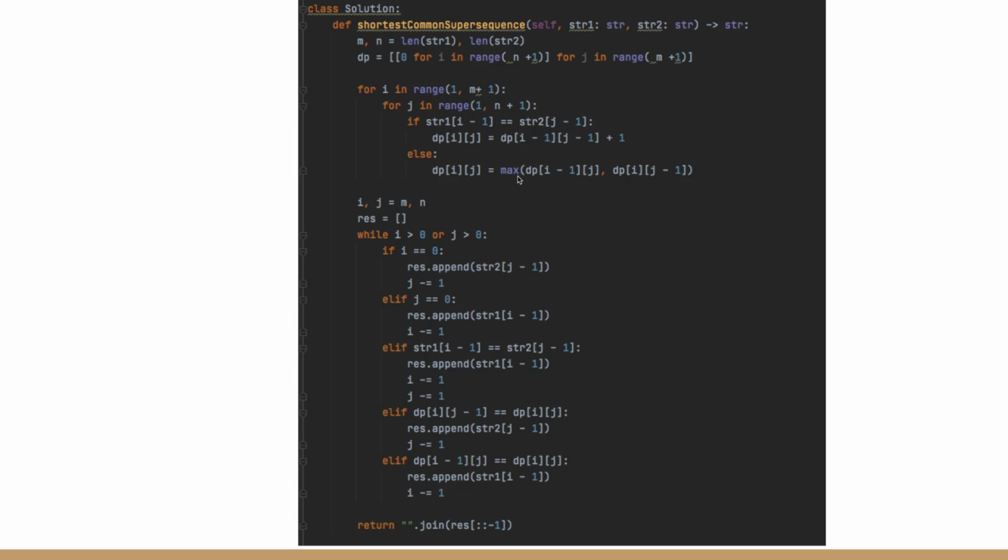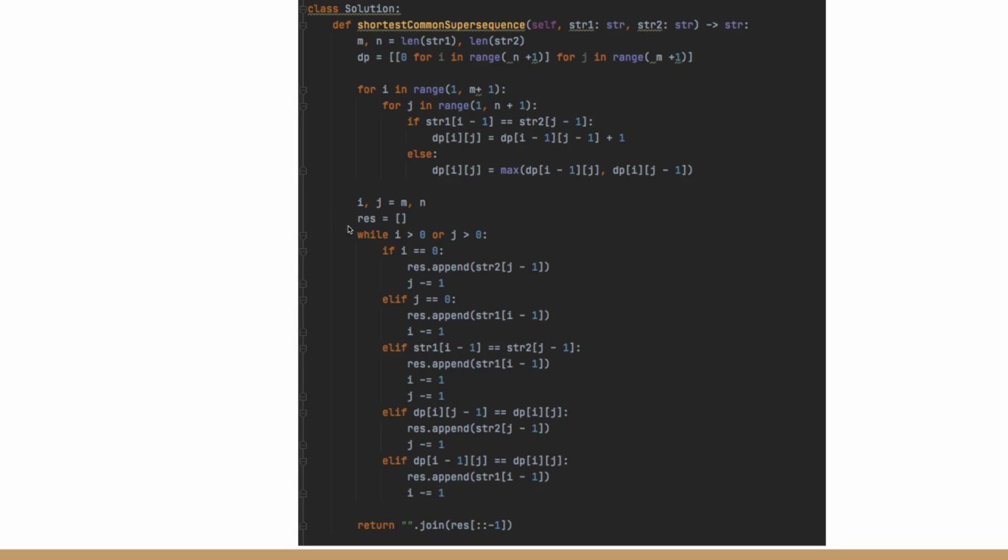It's more like the opposite. We do the shifting, and this way we build a matrix. The matrix represents the smallest superstring, and based on the matrix we can build it. You can read the code and try to debug it in debug mode.